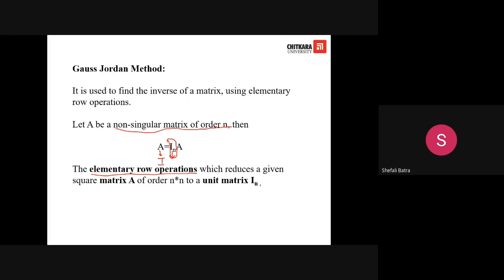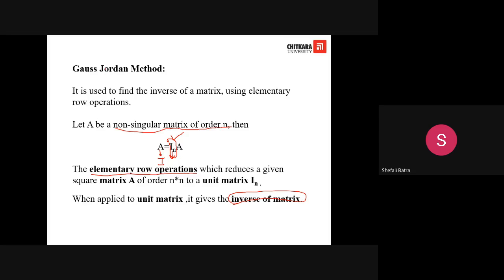Right? Using elementary row operations, we will reduce this given matrix into identity matrix, and corresponding to those operations, whatever changes there would be in this matrix will be the inverse of the matrix.